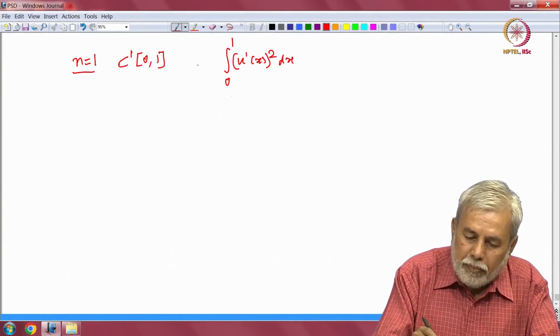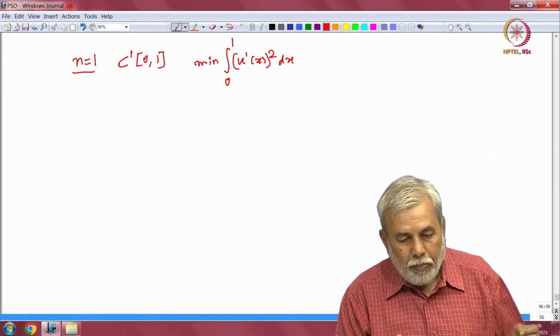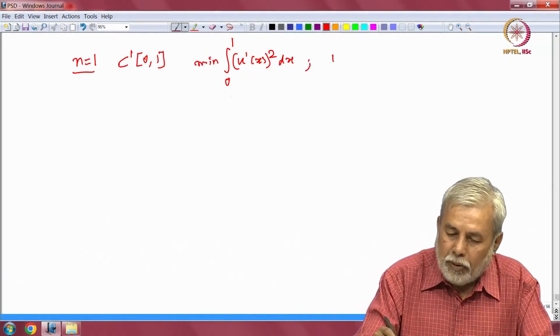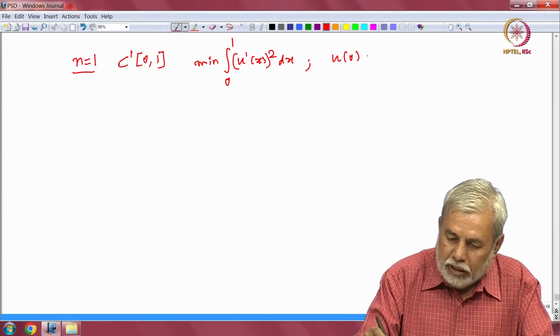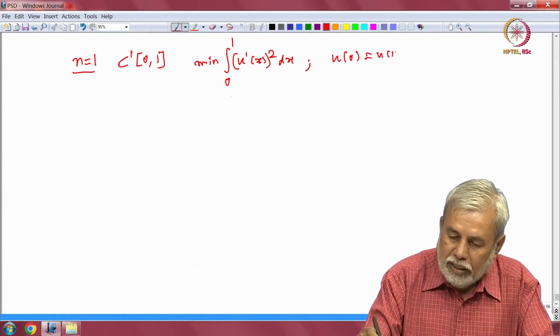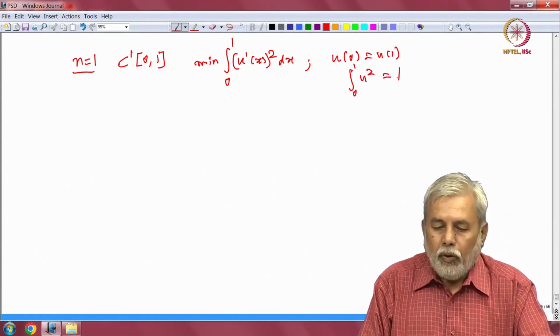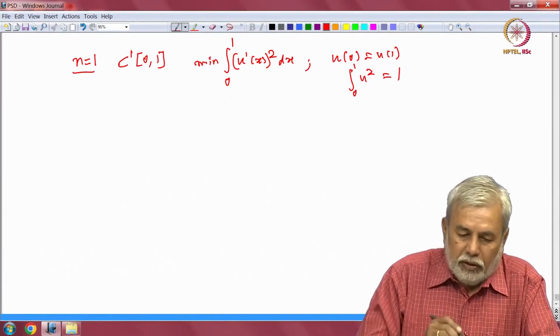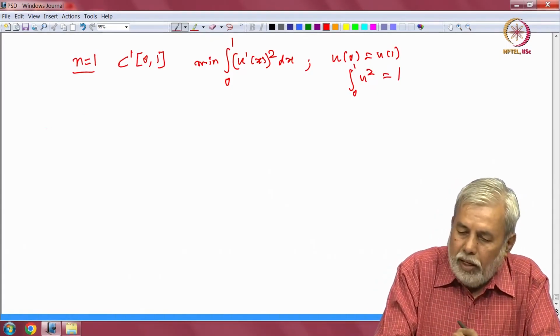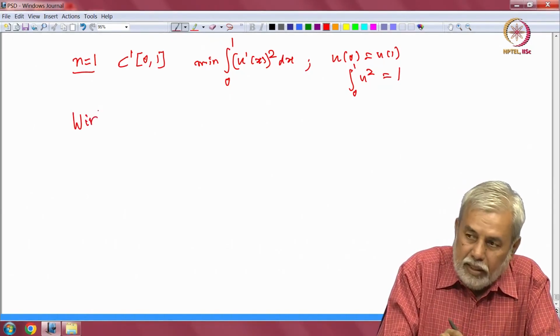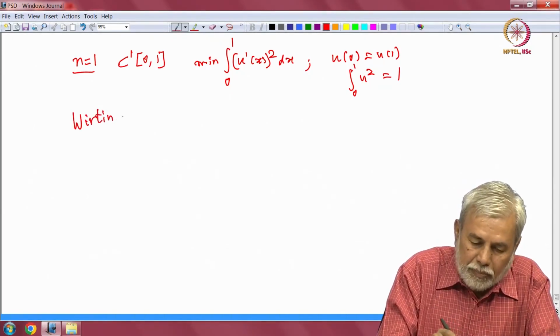We have to minimize it, so let me write that minimization problem. Again the same conditions: on the boundary u is 0, and the integral from 0 to 1 of u squared is 1. There is an inequality called Wirtinger's inequality. Let me quickly mention that.